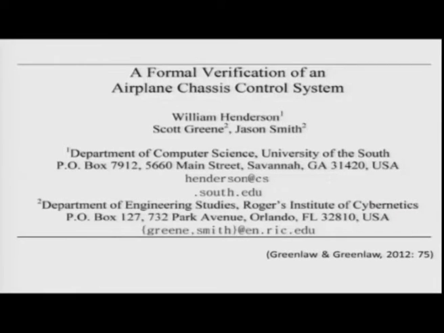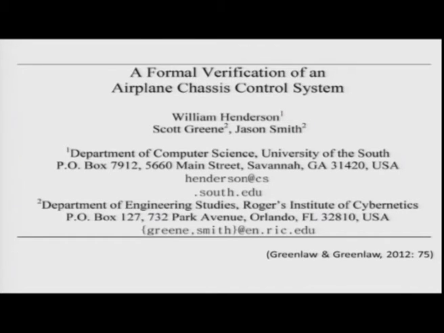Now, let us look at an example. This is from Green Law and Green Law 2012. This example, if you look at it, has the title of the article, a formal verification of an airplane chassis control system. Then names of authors are listed. There are 3 authors here.